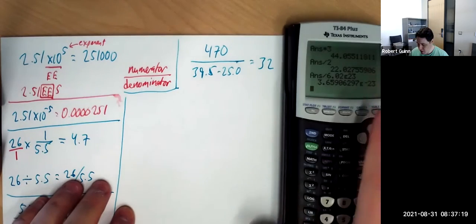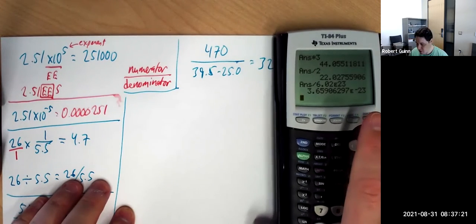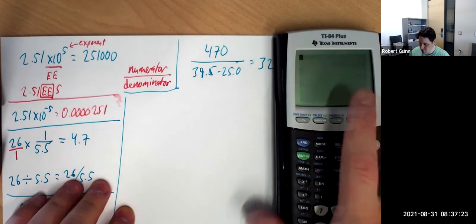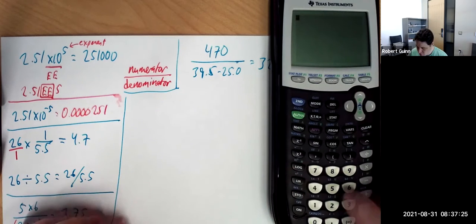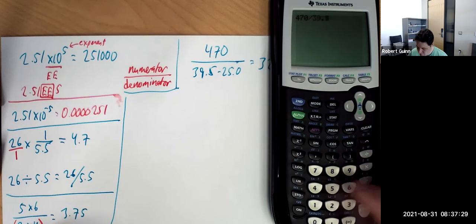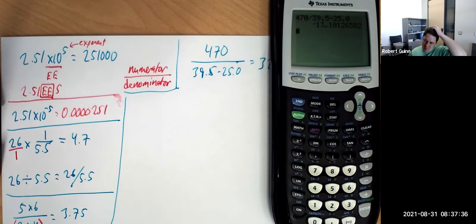Well, we're gonna happen upon that same problem again, and I'm just gonna let it happen just so you guys can see. So 470 divide 39.5 minus 25.0, enter, and you get some ridiculous number, negative 13 or whatever.